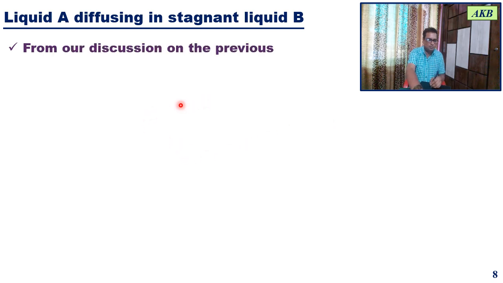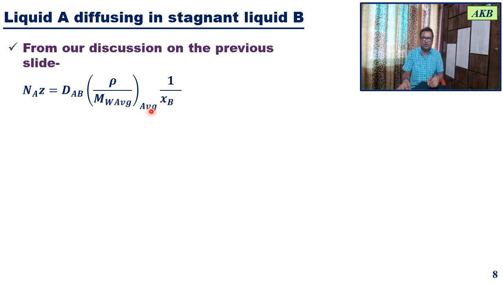So from our previous discussion, you have Na into Z is equal to DAB rho upon MW average, and now the term in the bracket is nothing but the reciprocal of xbm, so that's why I have this term 1 upon xbm into xa1 minus xa2. So you have Na into Z is equal to DAB into rho upon MW average, 1 upon xbm, xa1 minus xa2.